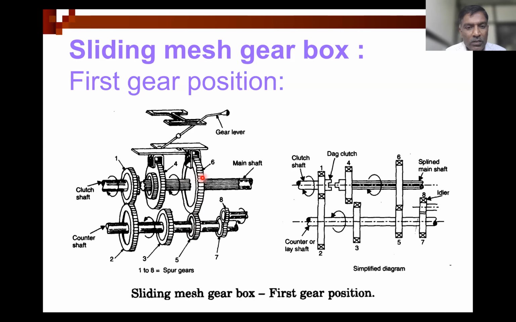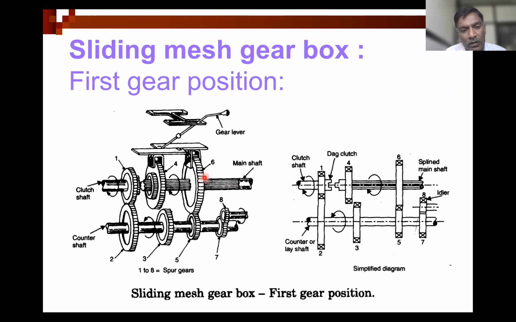When they are in mesh, then we can get large torque or more torque with this combination, which is displayed on this slide. आता इथे तुम्हाला larger torque मिळणार आहे. And with this, the main shaft is going to be rotated, and that is connected to the propellers.